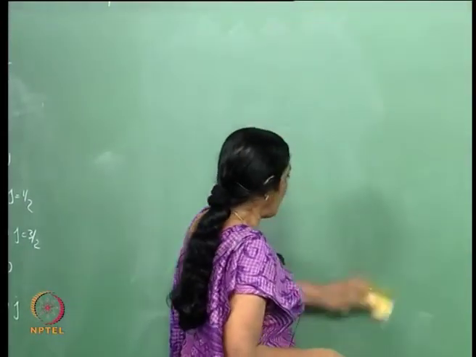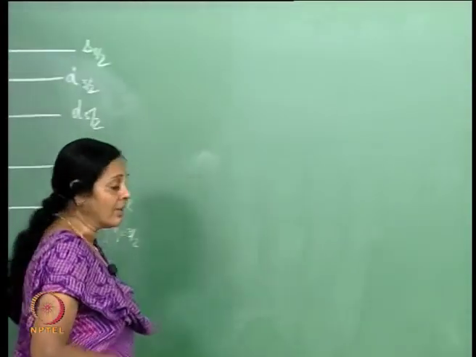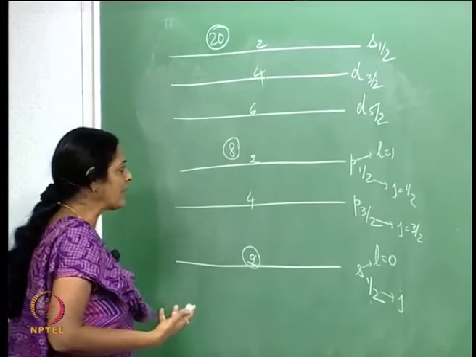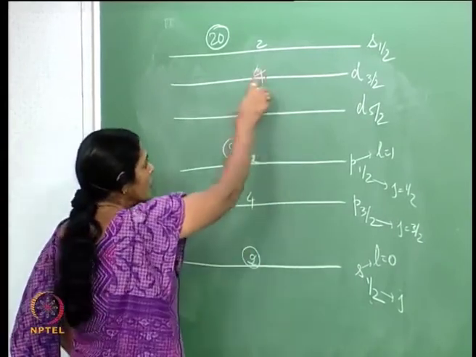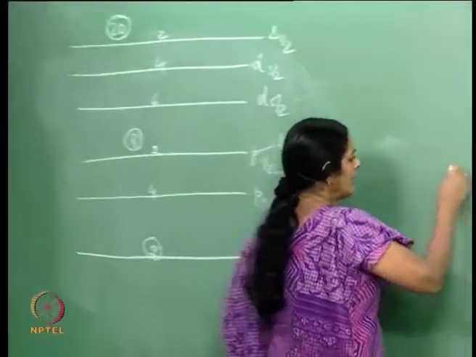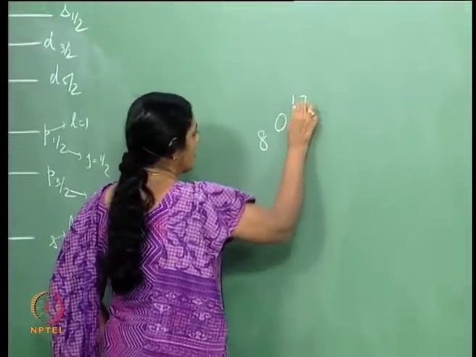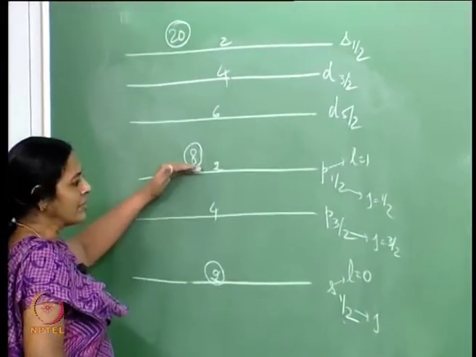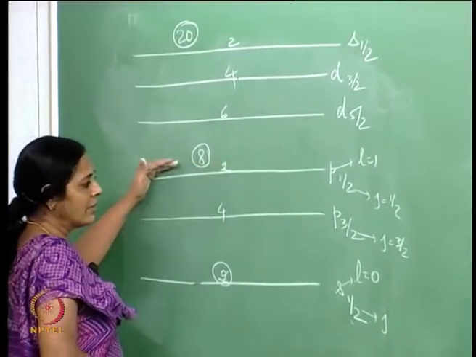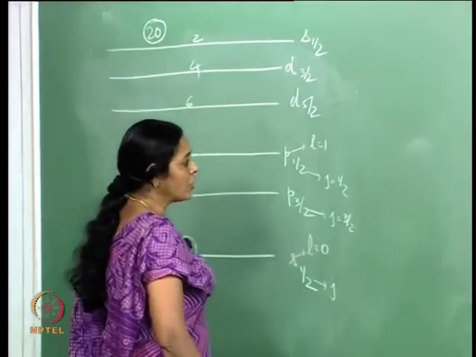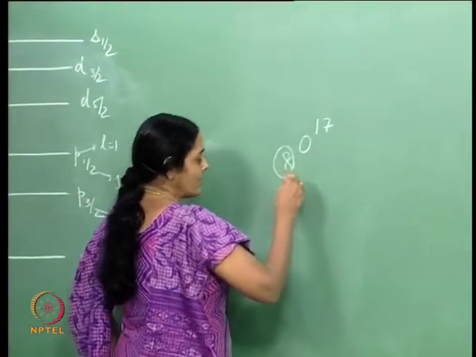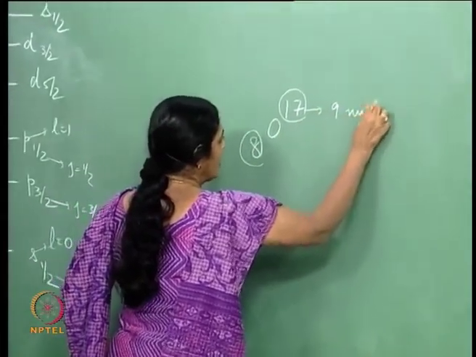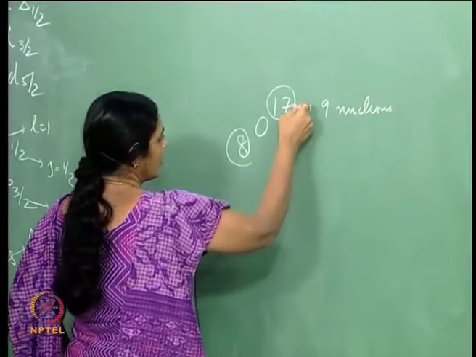Since the parity is -1 to the L, these are all problems where there is a central potential, and you always look for the outermost shell. For instance, if it is 8O17, these 8 nucleons are already filled, it is a closed shell there, and there is no question of it contributing to parity, which is -1 to the L. But there are 9 nucleons here, because that is a total of 17.